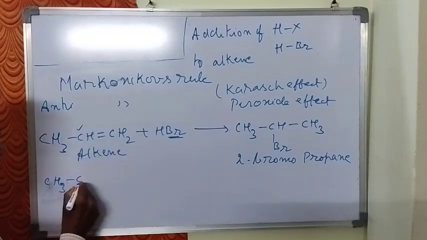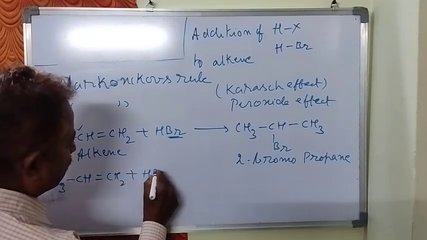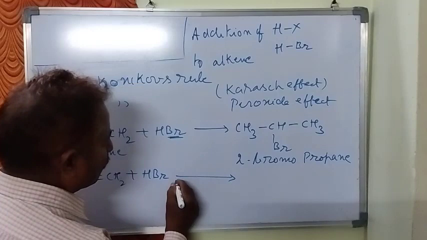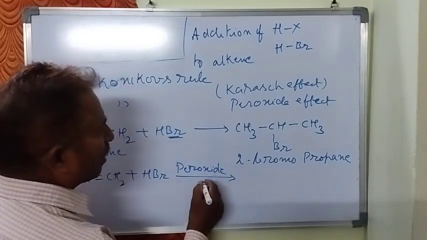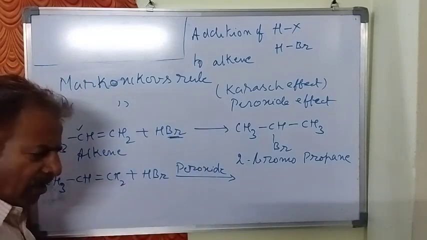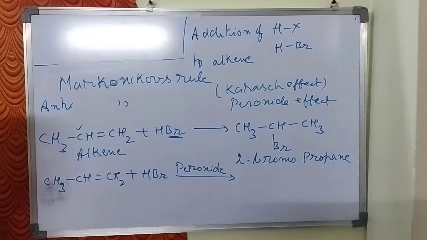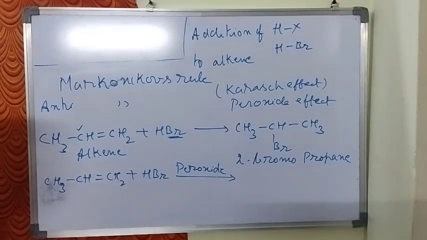Now let us see another one, anti-Markovnikov's rule. This is CH3CH=CH2 plus HBr in the presence of peroxide like barium peroxide, etc. What is this Kharasch effect or anti-Markovnikov's rule? As per anti-Markovnikov's rule, the negative part of the addendum, that is bromine, attacks the carbon with more number of hydrogen atoms.